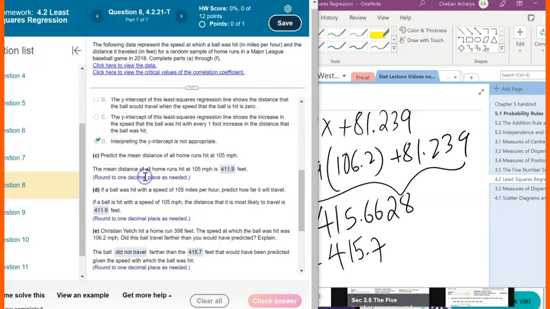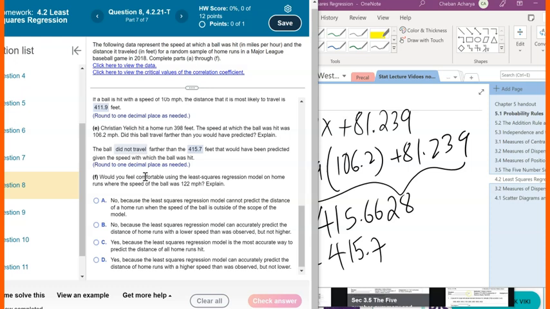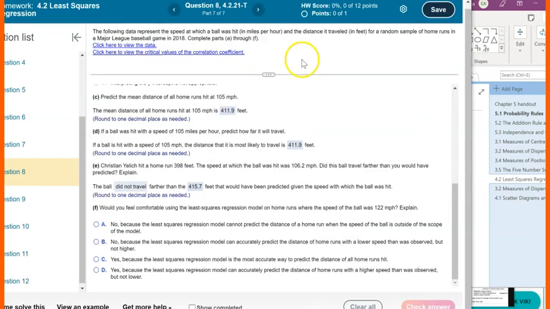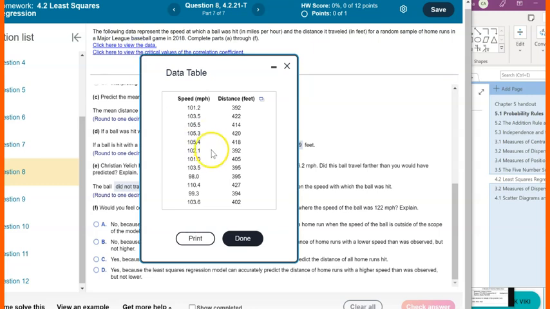Alright, part F. Would you feel comfortable using the least square regression model on a home run where the speed of the ball was 122 miles per hour? Explain. What do you think? Look at the data.